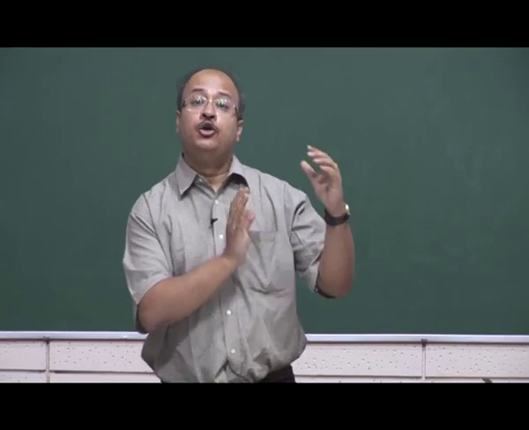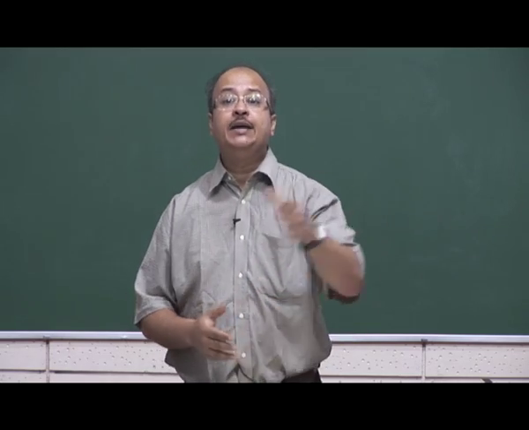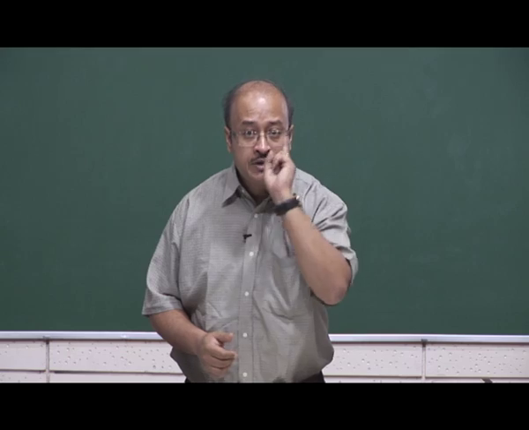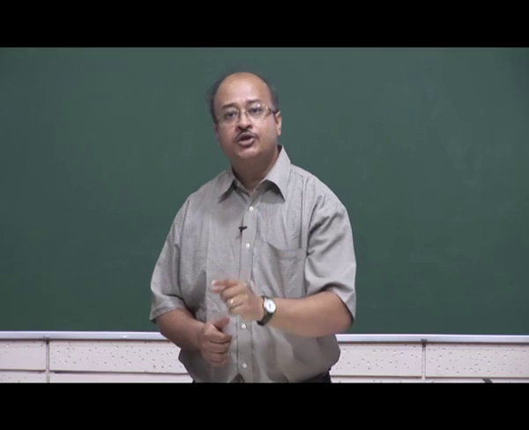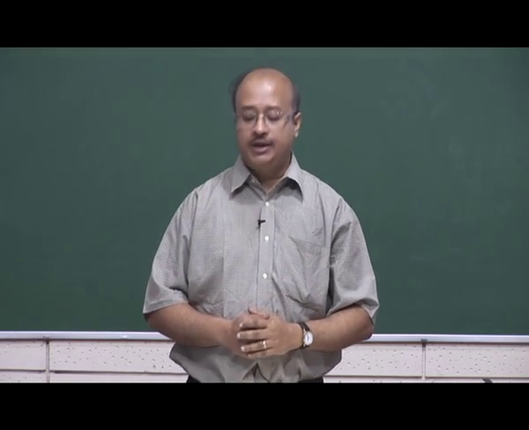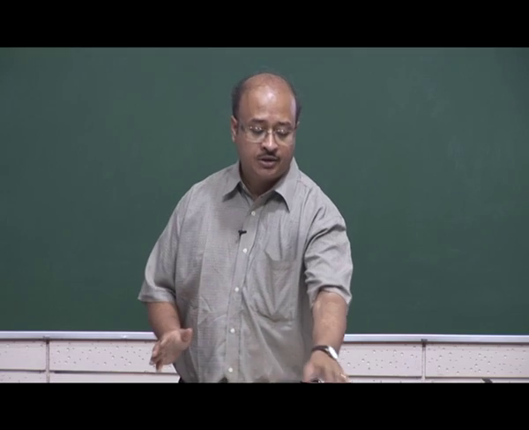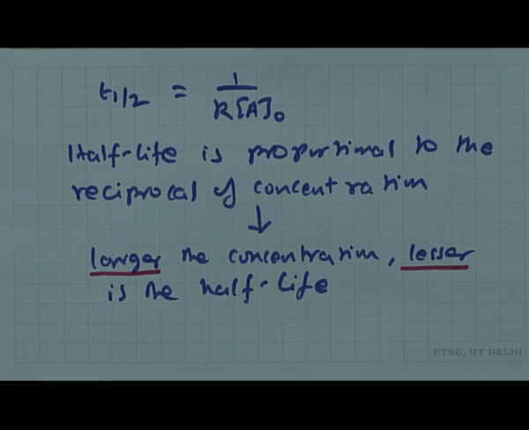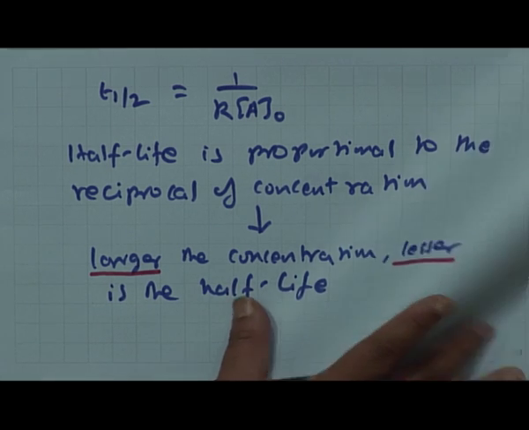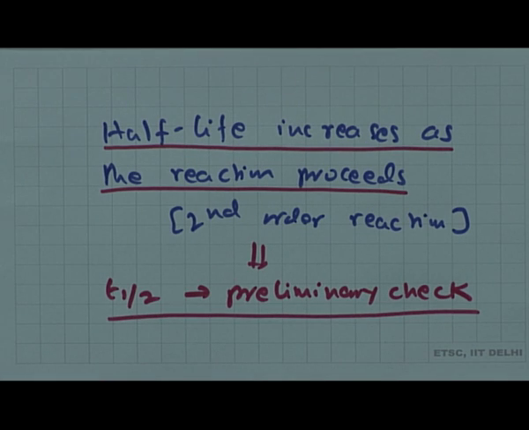So, no matter what the concentration is at any given point of time in the reaction, T half is always the same. That is the signature of a reaction following first order kinetics. What we just derived was for a reaction following second order kinetics, where T half is inversely proportional to the concentration, which means that as the reaction proceeds, the concentration decreases and the half life increases.